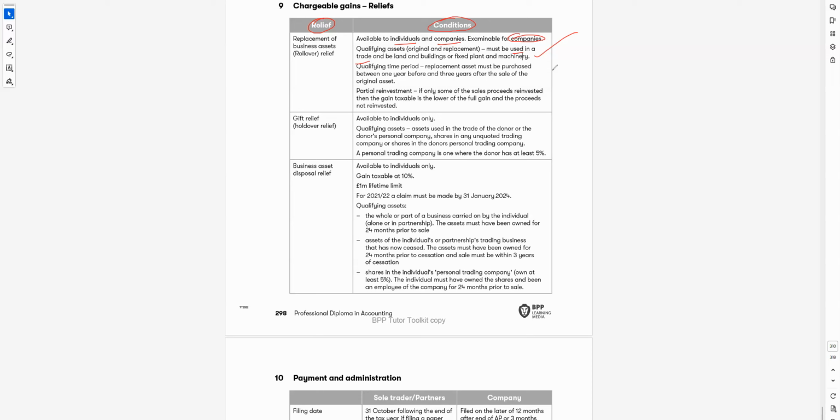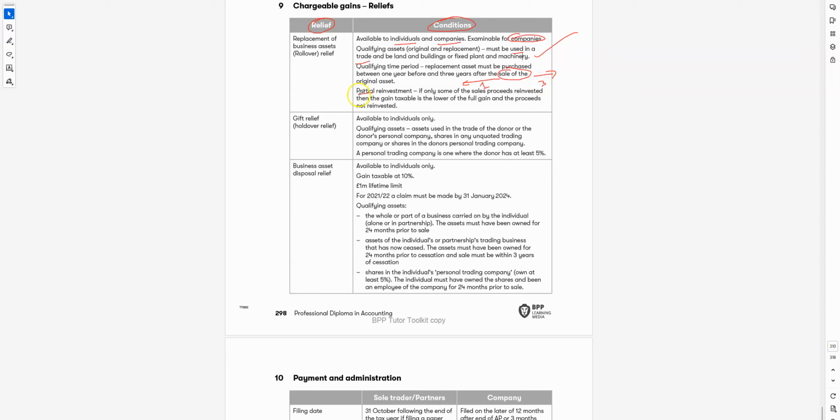The replacement asset must be purchased between 1 year before and 3 years after the sale of the original asset. So from the day we sell the original asset, 1 year before and 3 years after. So within this time we have to buy the new asset.